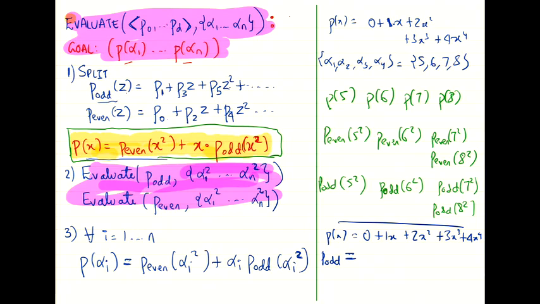So, for instance, here you get the vector 1, 3, and so that will be 1 plus 3z. And then P even would just be taking all the even degree coefficients and putting them in a polynomial. So it would be 0 plus 2z plus 4z squared. Okay, any questions?